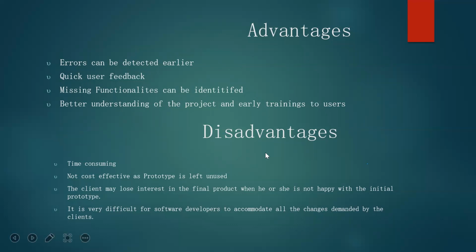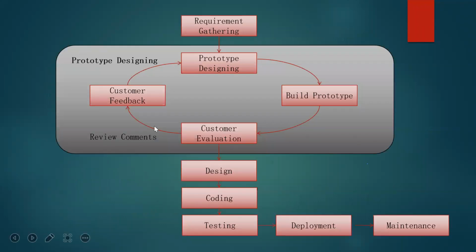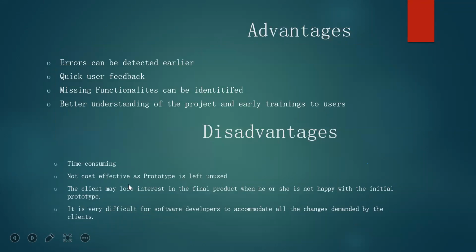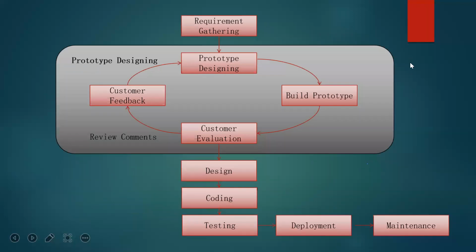Okay, so coming to the disadvantages, this is obviously time consuming, because we'll spend lots of time over here itself, right? And then it is not cost effective, as the prototype is left unused. So here we have mocked the system, we have gone through 4 or 5 iterations, and then later we got the feedback, it is fine, and we went to the other phases.